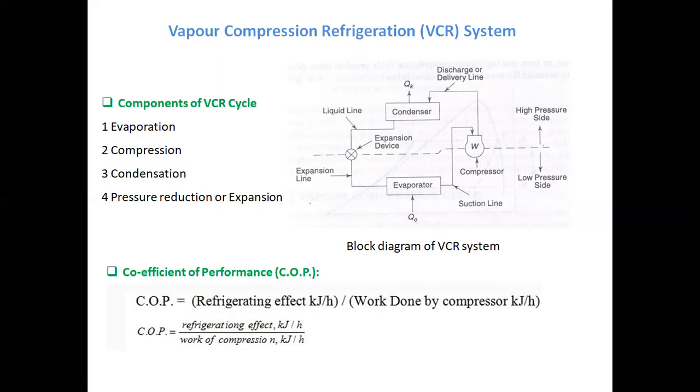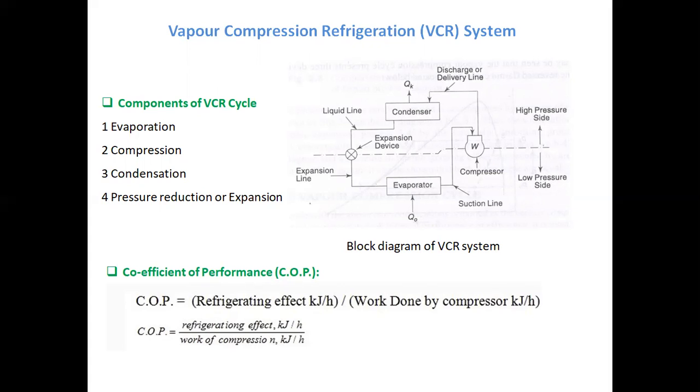Next is coefficient of performance. In order to analyze the performance of the vapor compression refrigeration cycle, this COP term is used, which indicates the performance of this VCR cycle, and this COP is denoted by output upon input.